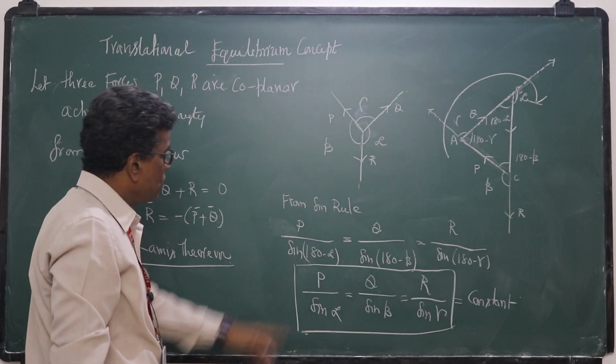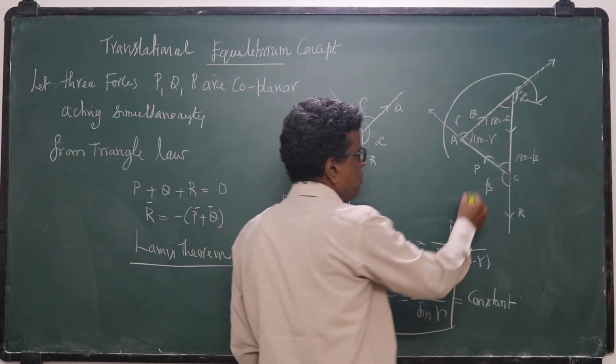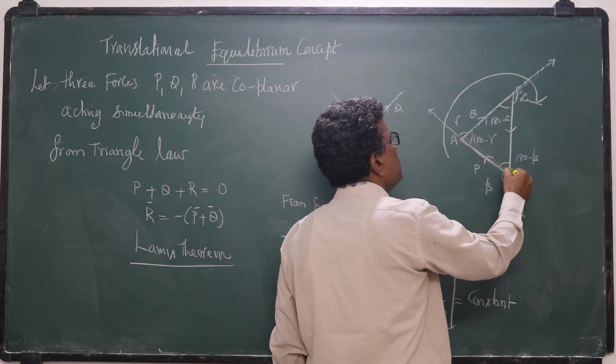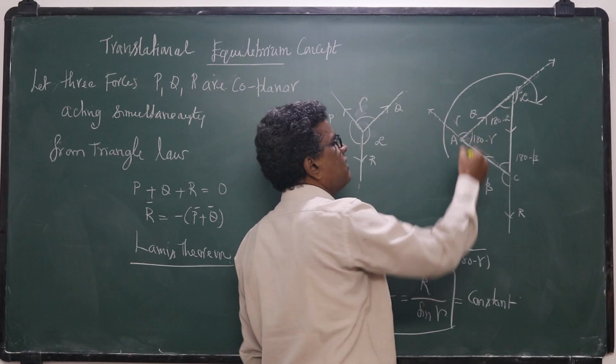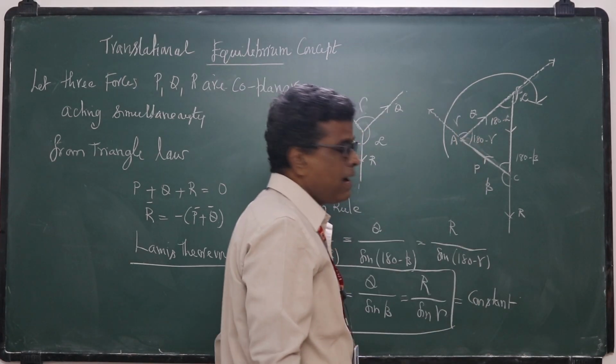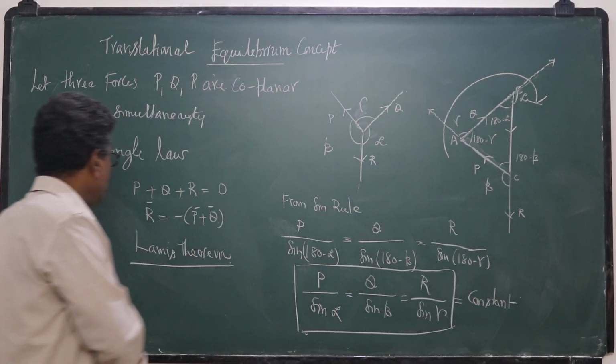Okay, so here the sides of the triangle represent the magnitude of the force by their length. So the magnitude of a vector is proportional to length.